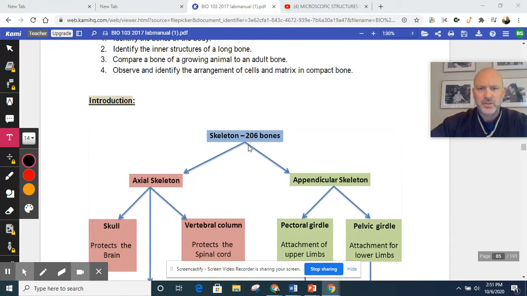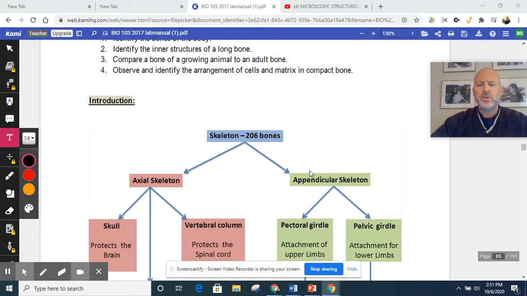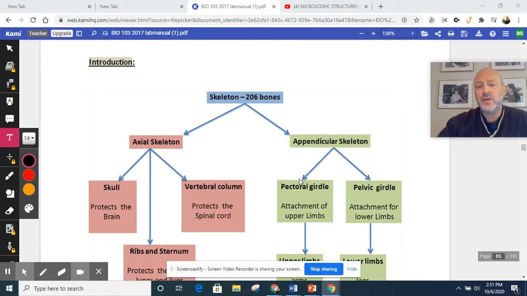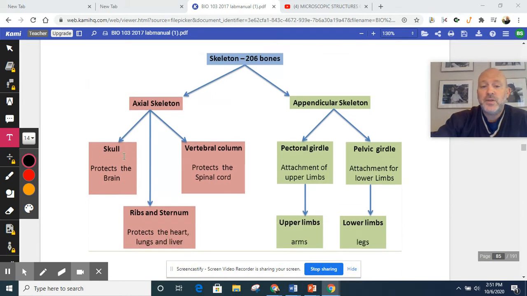All right, so to start, there's 206 bones in the body. This is on the lab book, page 85. We can divide the skeletal system into two main sections. The first section being the axial skeleton, and that's going to include everything that goes right down the middle, starting with the skull, and then the vertebral column, right, the collection of bones that goes right down the middle, including the rib cage and the sternum.